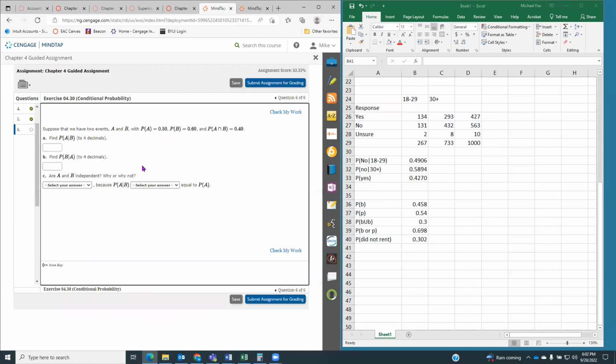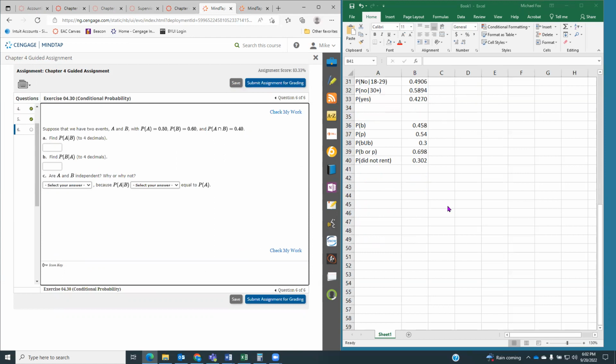All right, so instead of doing it as a word problem, it's using the proper mathematical notation for the same concepts we've been learning.